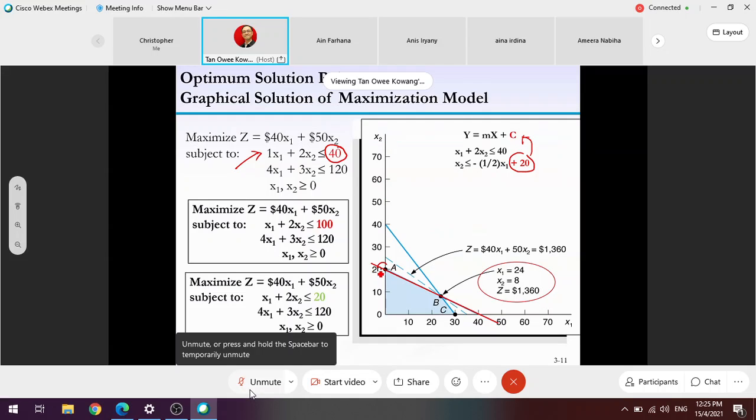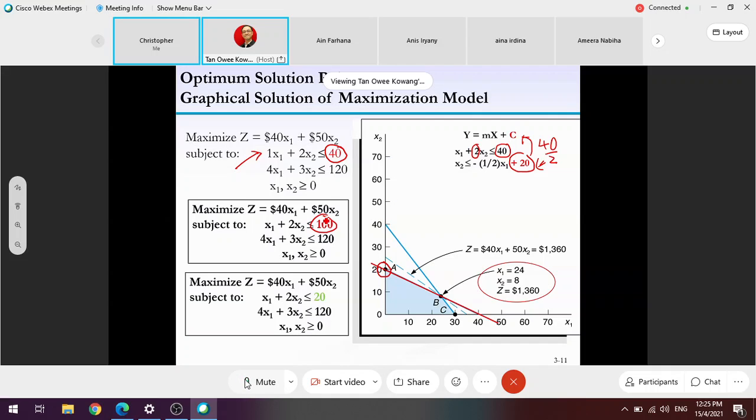So how do I get 20? The original is 40, and 20 is because there is a 2 here, so 40 divided by 2 equals 20. Based on this logic, if I change the right-hand side value for the first constraint to 100, the only thing that will change is the intercept at x2, which becomes 100 divided by 2, which is 50.